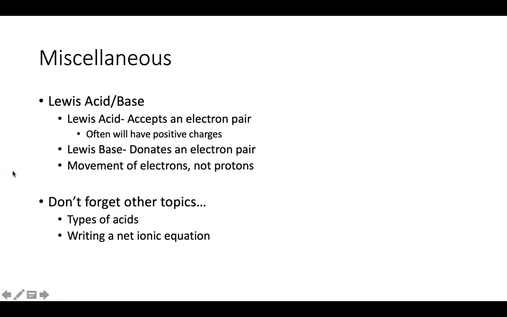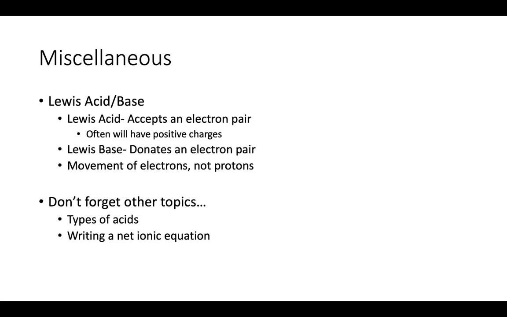The last slide to go over, Lewis acid and base. This is just a different definition of acids and bases. A Lewis acid, by definition, is the acceptor of an electron pair. Lewis acids often have a positive charge. Lewis bases donate an electron pair.